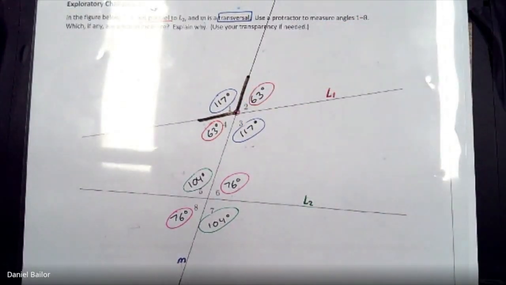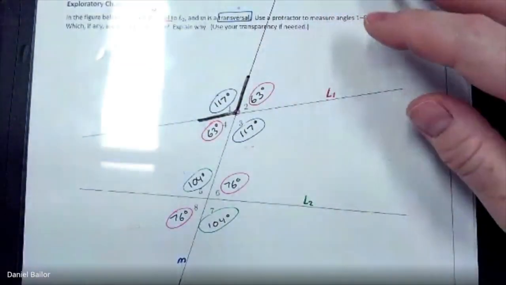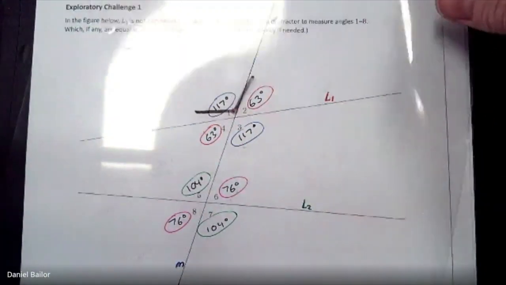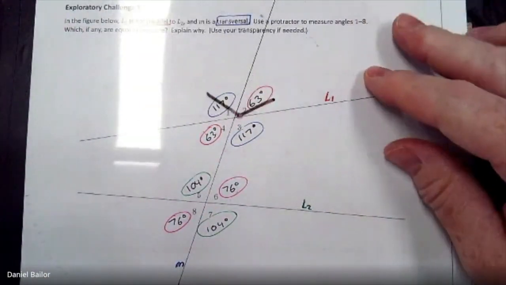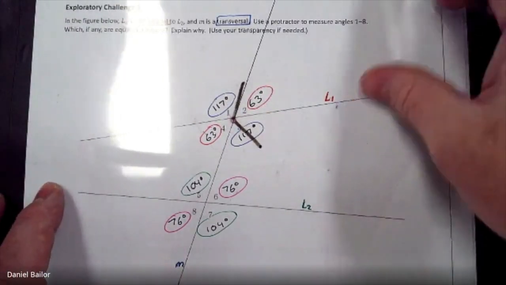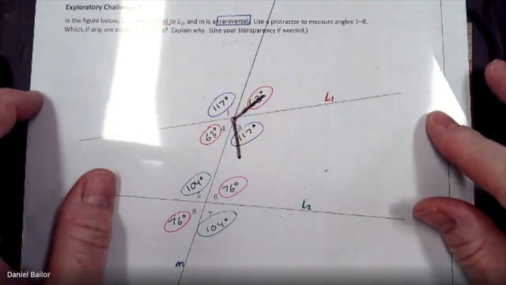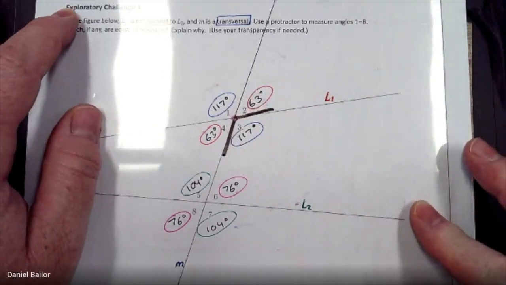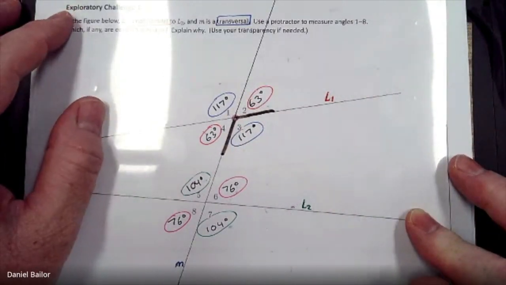And I'm going to rotate around that point. So here I go. Let me rotate. When I rotate around the point 180 degrees, I can see that I make angle 3.